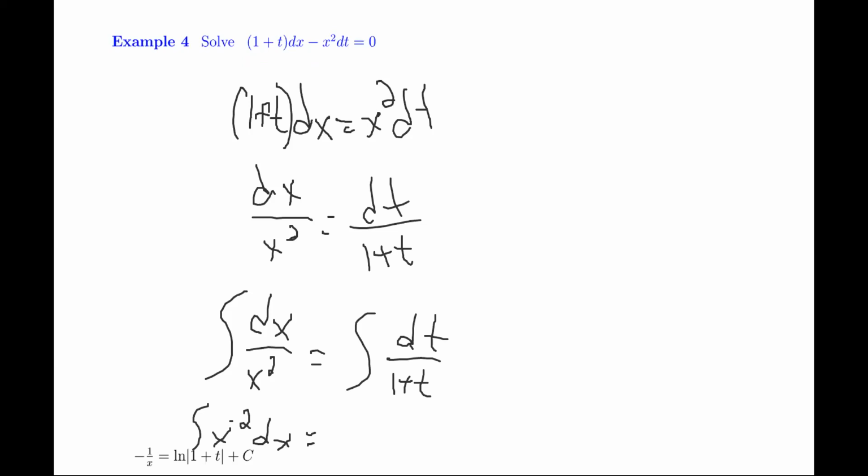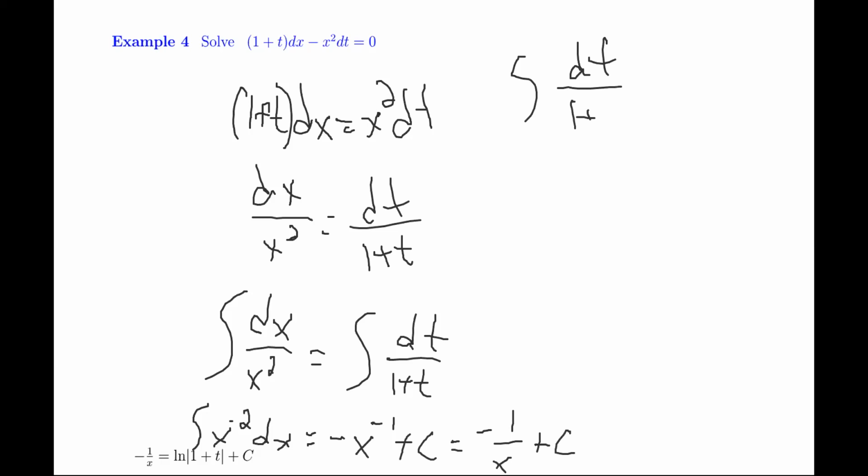So we get negative x to the negative first plus c, or in other words, negative 1 over x plus some constant c.